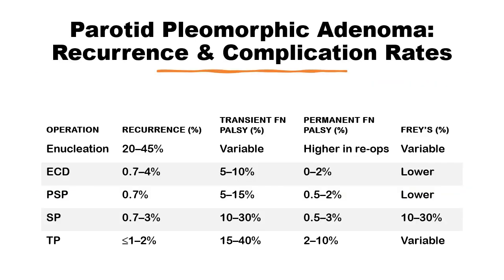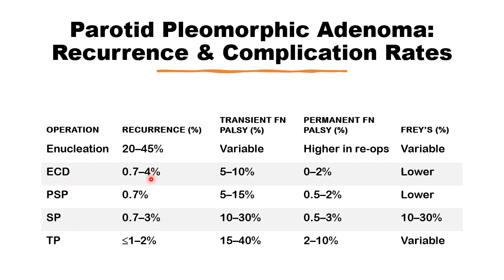Now back to the outcome of the various types of resections for the parotid, omitting enucleation because it's no longer widely practiced. You could see the pattern we have discussed earlier, that the recurrence rate for the tumors is not necessarily related to the size of the resection.